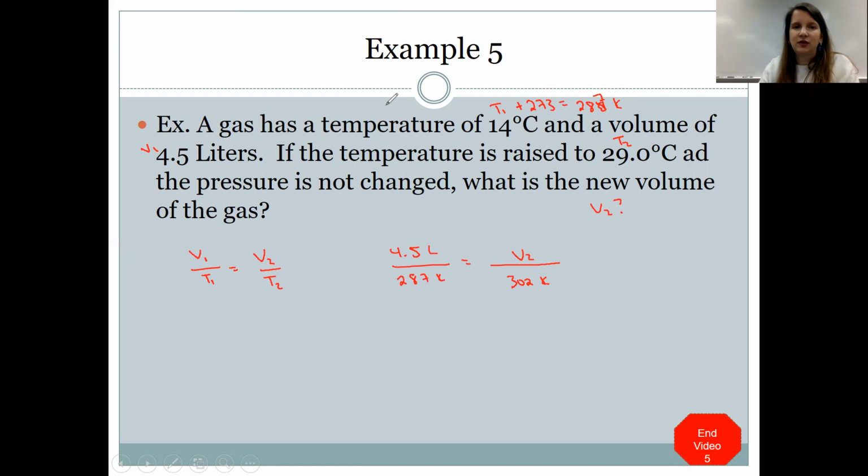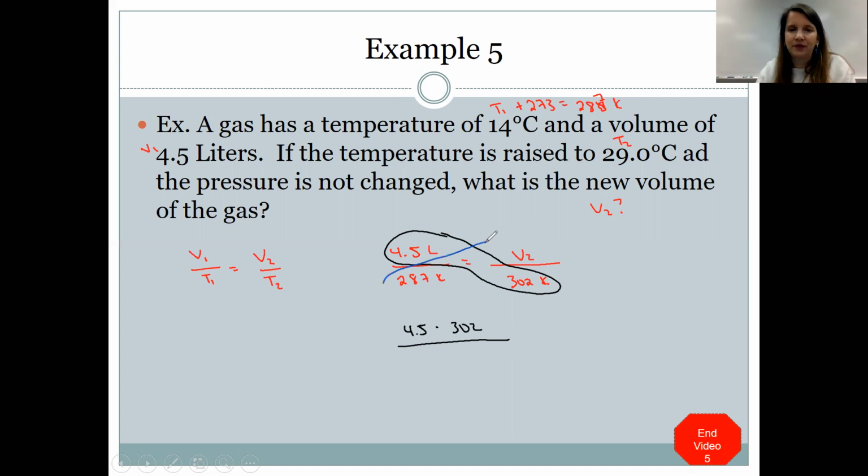So I've got to remember, multiply by the diagonal where I have no unknown variables. So 4.5 times 302. I'm going to divide it by my diagonal where I have my unknown, so that's 287. And that's going to get 4.5 times 302 divided by 287.